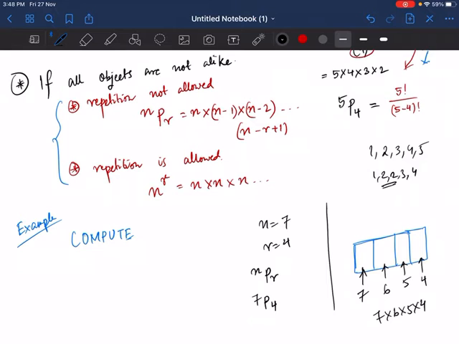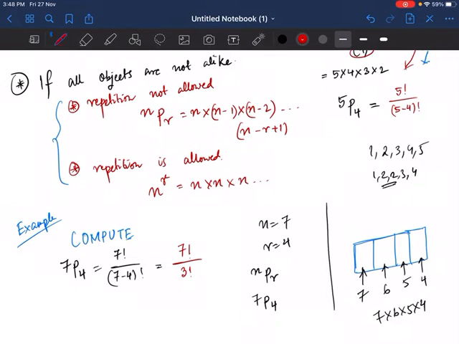Let me find the answer. So we will be getting 7P4, right? So that's my answer. Now 7P4 is 7 factorial divided by 7 minus 4 factorial. Now 7 minus 4 factorial is obviously 3 factorial. So what we get is 7 factorial divided by 3 factorial.